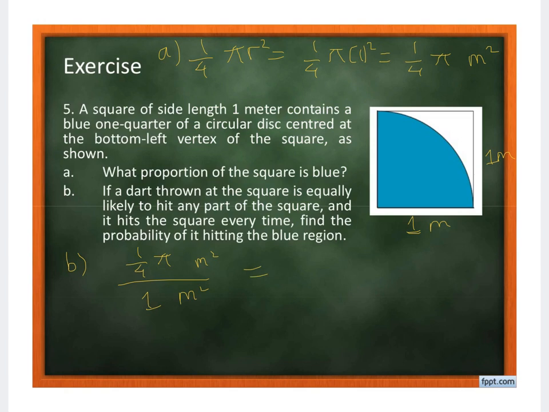So the probability of hitting the blue region is 1/4 pi, or 1/4 times 3.14, equal 0.785.